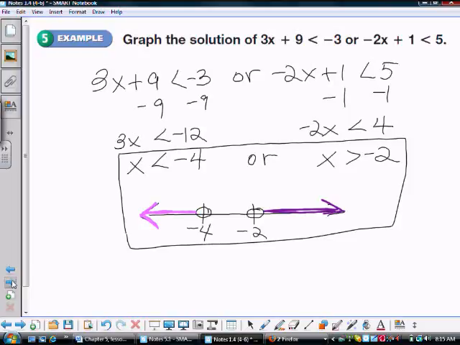Yes, sir? For ors, do you usually shade on the outside? Ors are usually shaded on the outside, but not always. Get your full solution and see what happens.